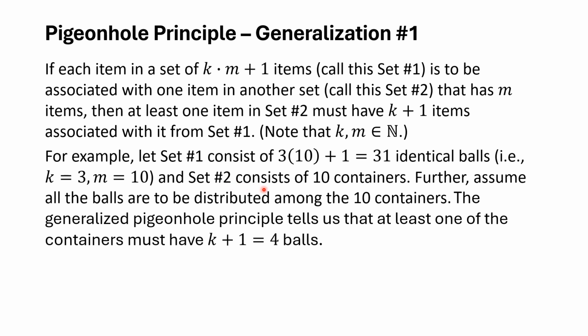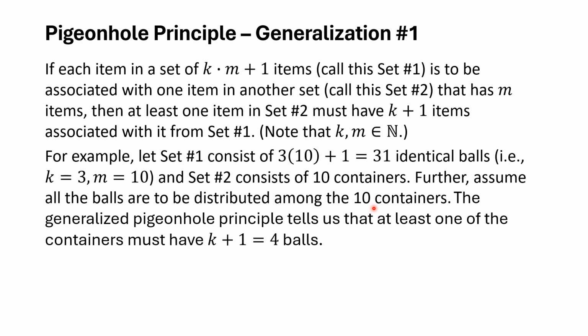Let set 2 be 10 containers, and we want to associate one ball with a container. This generalized pigeonhole principle tells us that at least one of the containers has k plus 1, or 4, balls. Let's maybe take a step back and do a worst case analysis.